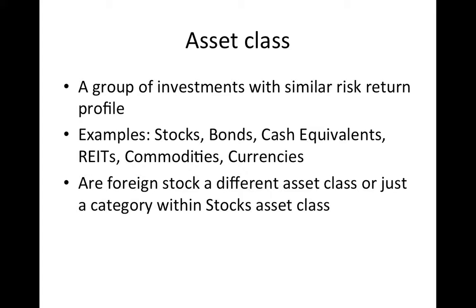Examples of asset classes are stocks, bonds, and cash equivalents. An example of a cash equivalent is CDs, or things which are highly liquid, but even your savings account could be considered a cash equivalent.